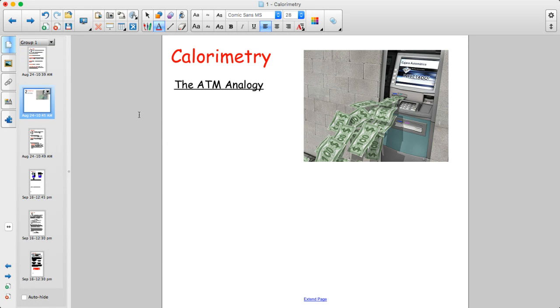So before we get into the actual equation, if we're going to talk about calorimetry, I like to use the analogy of an ATM. And I do that because when we talk about enthalpy, we cannot measure enthalpy directly.